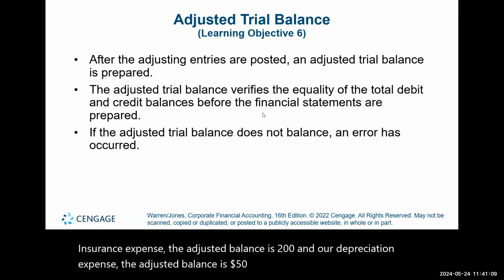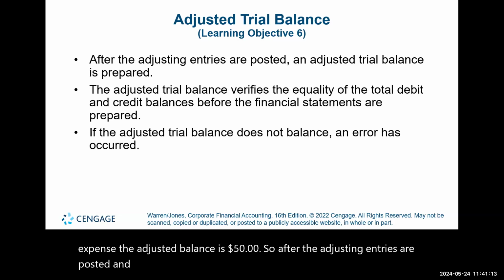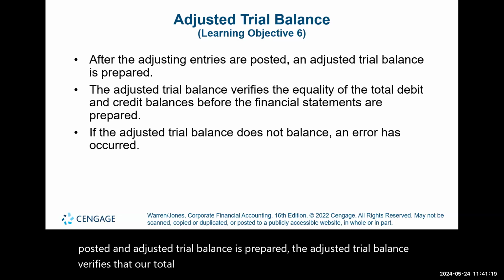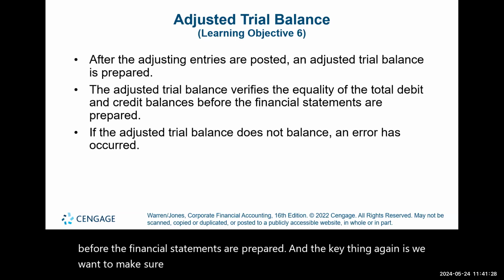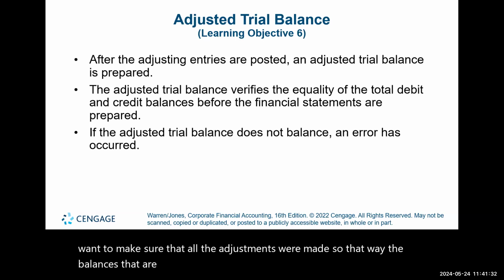So after the adjusting entries are posted, an adjusted trial balance is prepared. The adjusted trial balance verifies that our total debit balances and our total credit balances tie before the financial statements are prepared. And the key thing again is we want to make sure that all of the adjustments were made so that the balances that are reported are accurate.